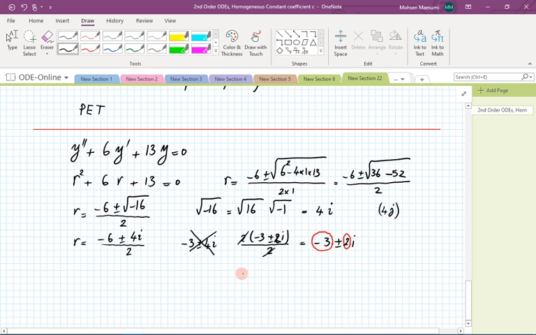Our solution, we have not justified why this is a solution. How does that one turn into this? But let's move on. Exponential of minus 3x times some multiple of, any letter you want, it's fine, a cosine of, this is our frequency, 2x plus b sine of 2x.